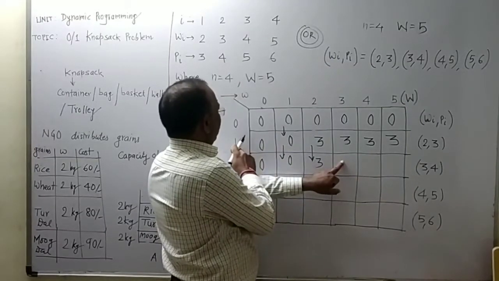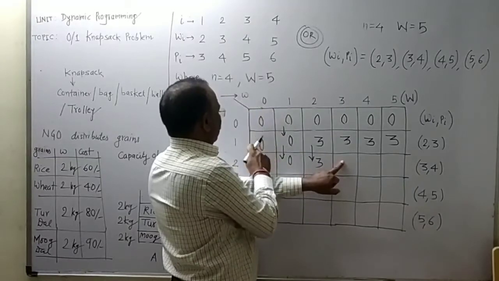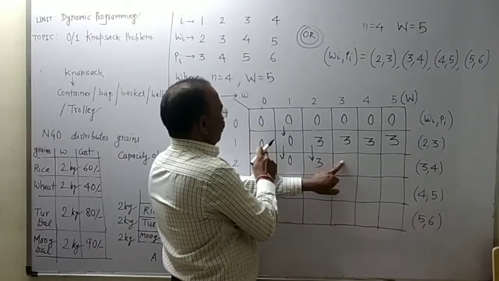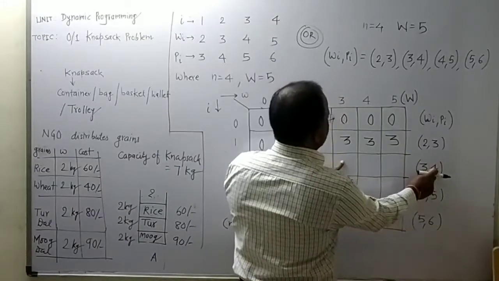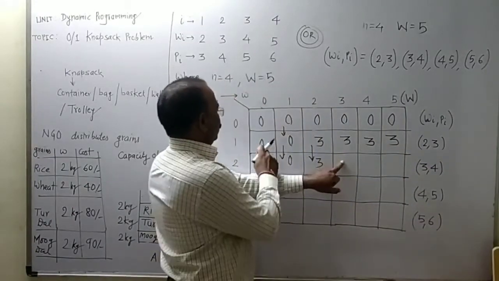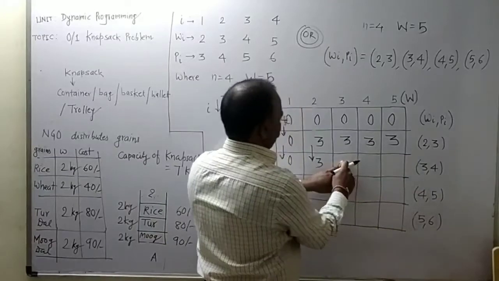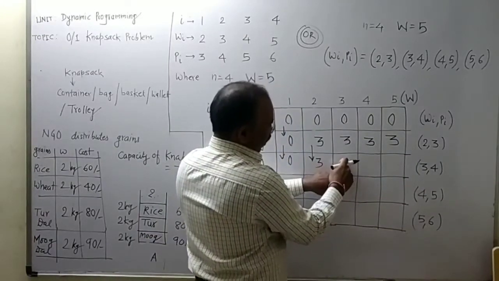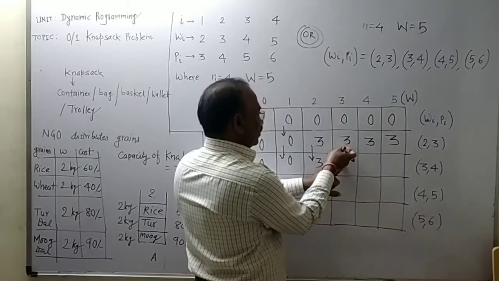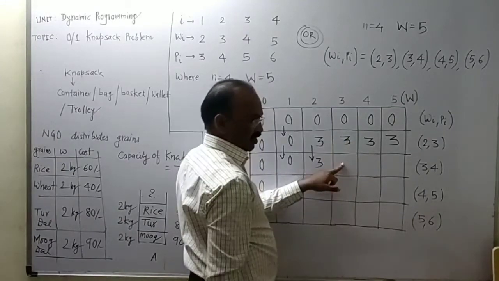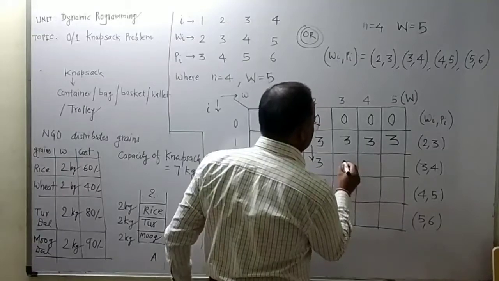We have got row 1 and column 0, means this will be the cell. And 0 plus the profit of the second object, that is 4. 0 plus 4 means 4. Before putting the 4 here, we have to check that 4 should be greater than the top value, that is 3. Yes, 4 is always greater than 3.